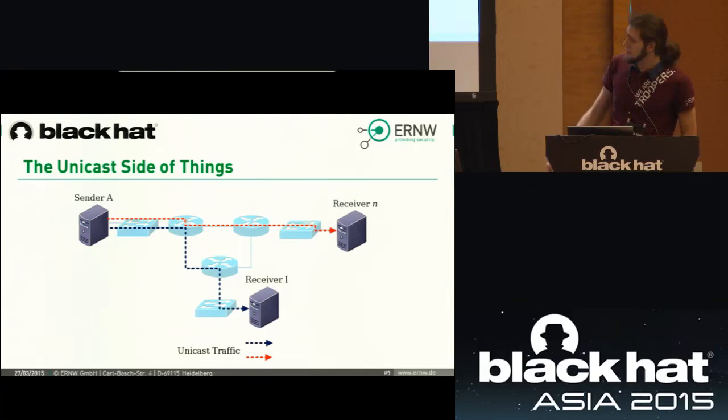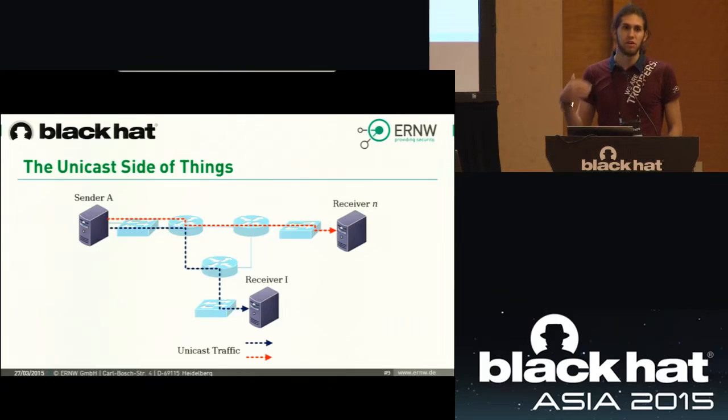So the unicast way is we have a one-to-one communication. This is not as good for, like, a TV show you're broadcasting in your network, since every receiver has to connect to your sender, and every packet, even if it's similar to all the others, you send at least as many times as receivers you have.